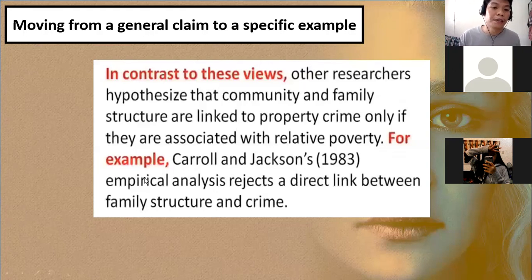For example: in contrast to these views, other researchers hypothesize that community and family structure are linked to property crime only if they are associated with relative poverty. For example, Carroll and Jackson's empirical analysis rejects a direct link between family structure and crime. So there is a general idea and then there is a specific idea.